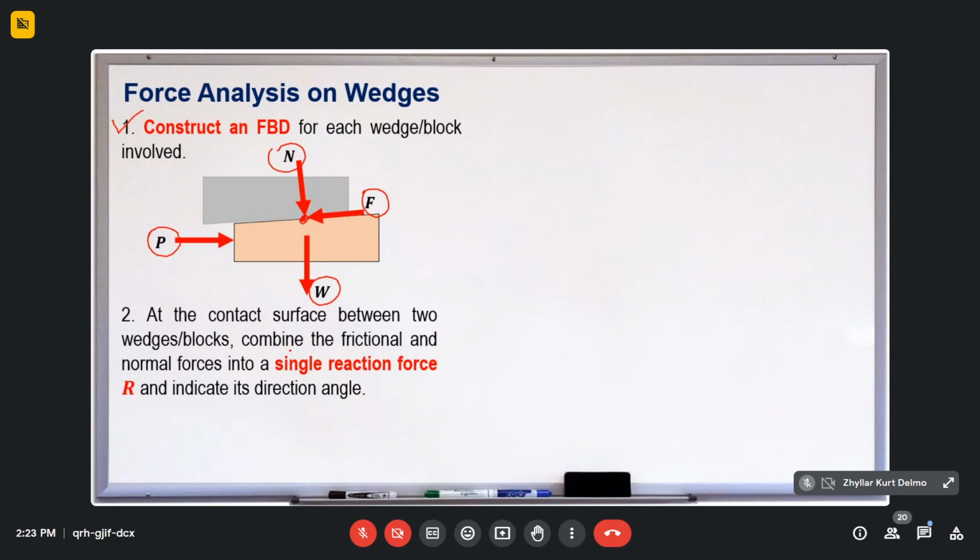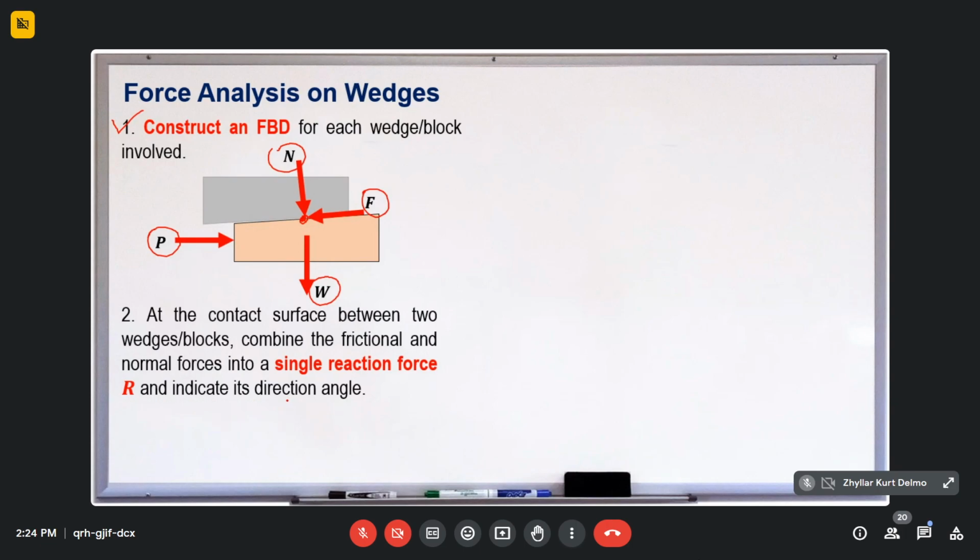So combine the frictional and the normal forces into a single reaction force, which you denote by R. I already explained this in the theory behind friction. And once you combine them, you have to indicate its direction angle, the angle phi, which is our angle of friction.